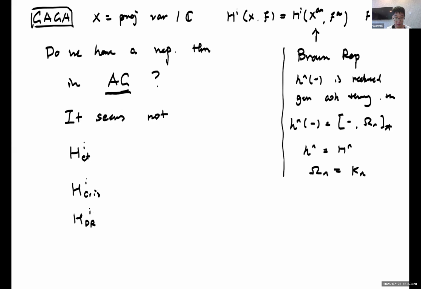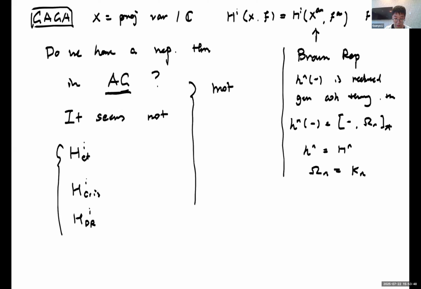And when all these things are defined, they turn out to be the same in some cases that we care about. So this really means it seems not easy to have a universal cohomology theory in algebraic geometry.